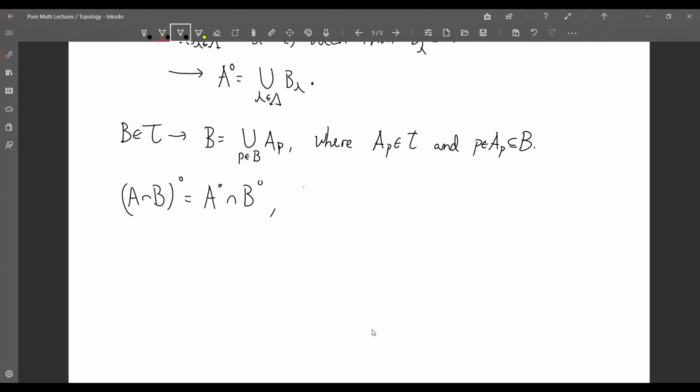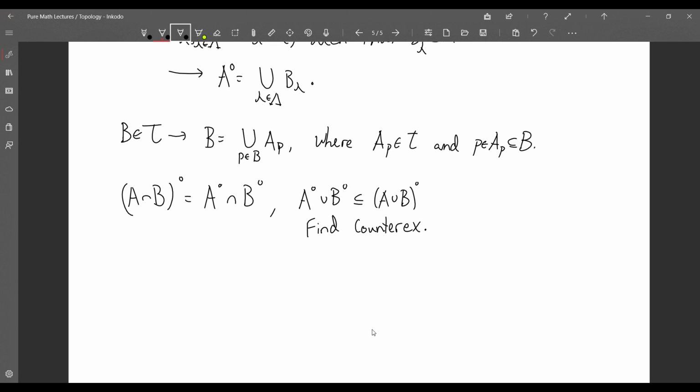However, you can't say the same for unions. You can only say that the union of interiors is contained in the interior of a union. So it is possible to find a counterexample, which you should do as an exercise: find a counterexample where the interior of A union B is not contained in the union of the interiors.